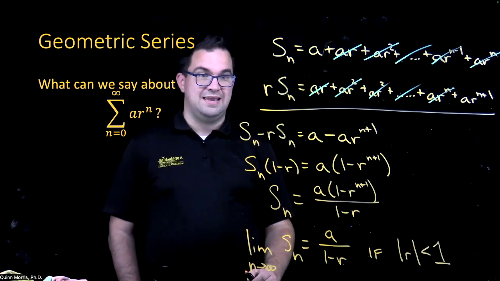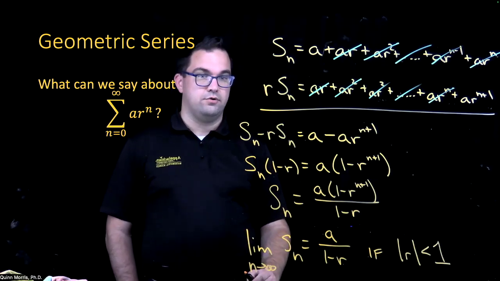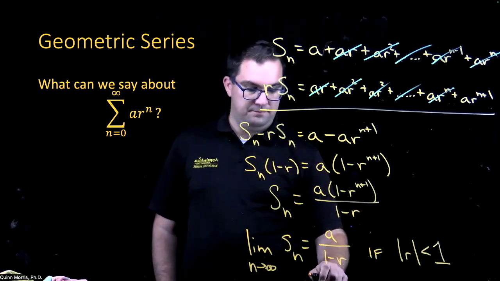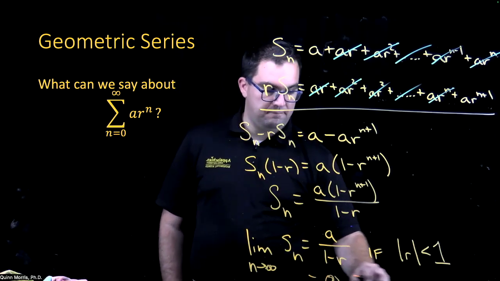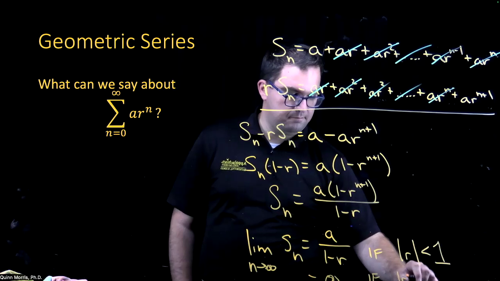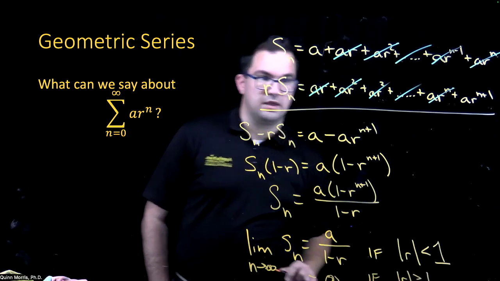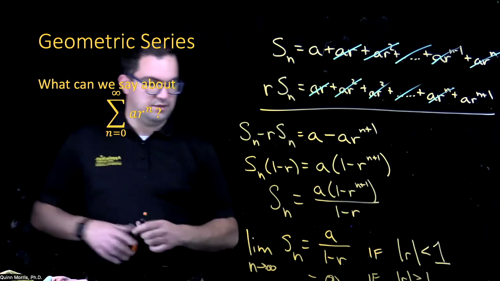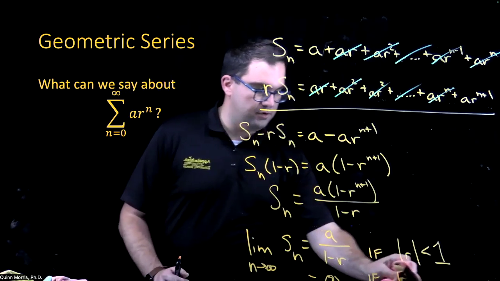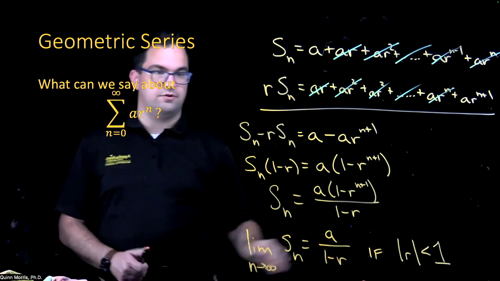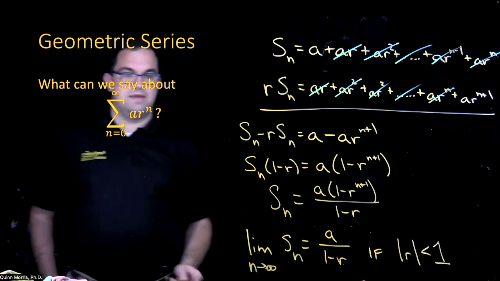If you are dealing with any other value of r, this limit will be infinite. If the absolute value of r is greater than or equal to 1, that limit will be infinite.